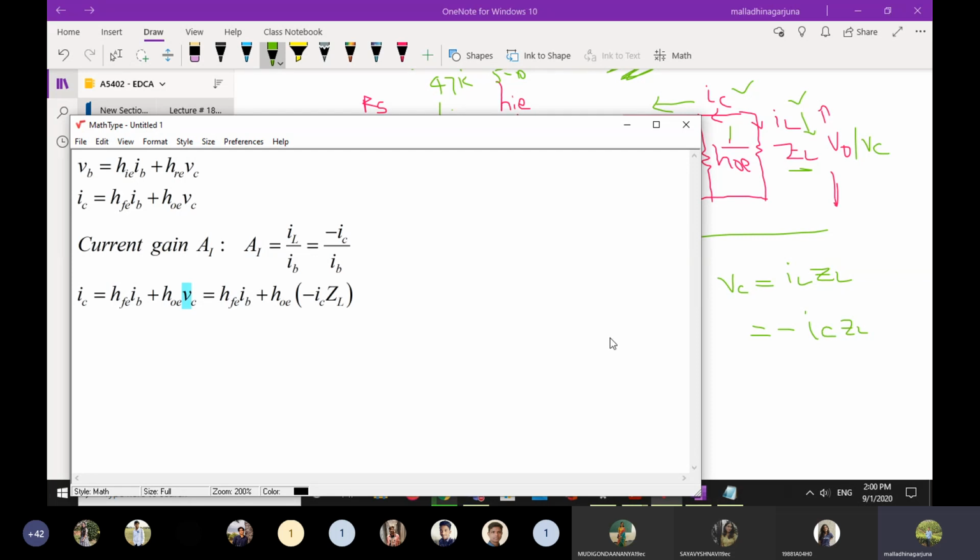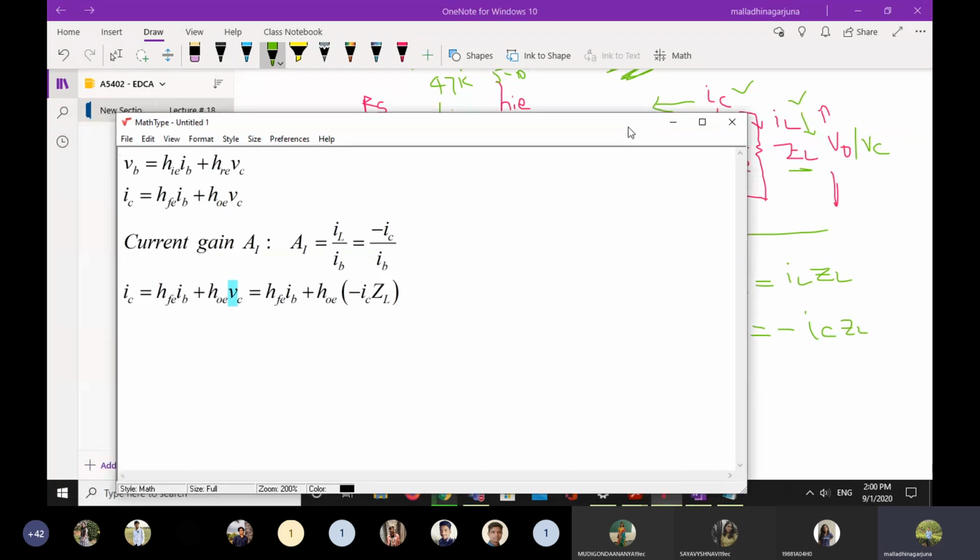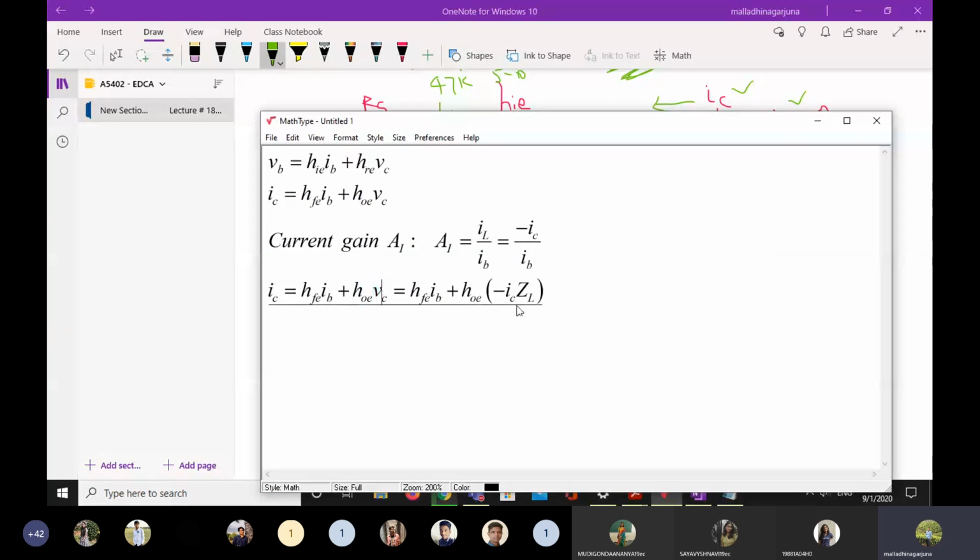So in the place of VC, I wrote minus IC into ZL. From this I can write IC, and the minus of minus becomes plus, so moving it to this side it becomes plus HOE ZL, and finally IC equals HFE into IB.